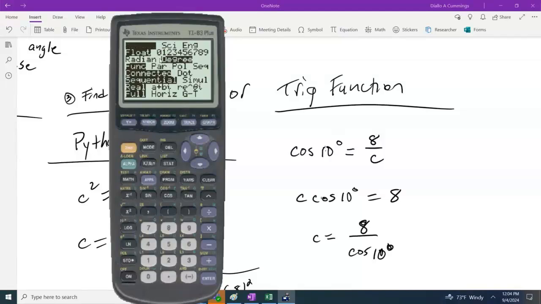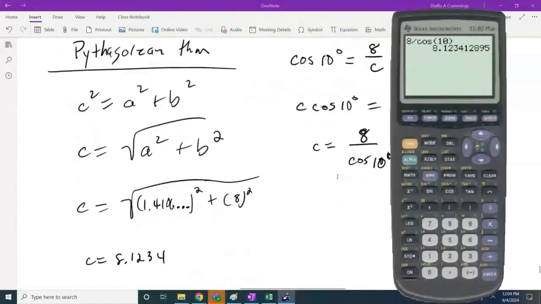Like it'll flip-flop without me doing anything. But on your handheld calculator, you have to manually move this over from radian to degree. All right, so I just have to make sure I'm in degree mode. So 8 divided by the cosine of 10 degrees. And we get 8.1234. We get that same exact value.